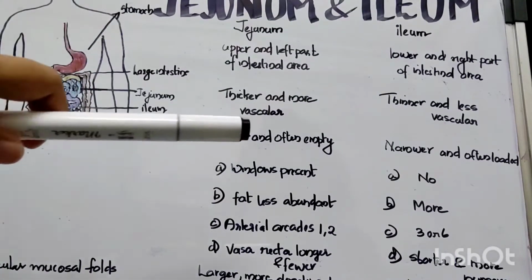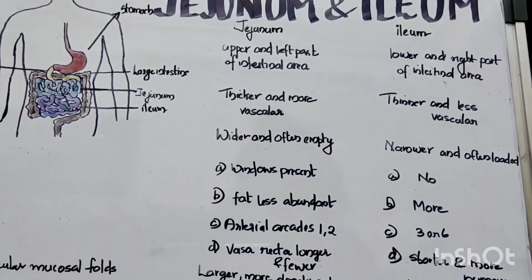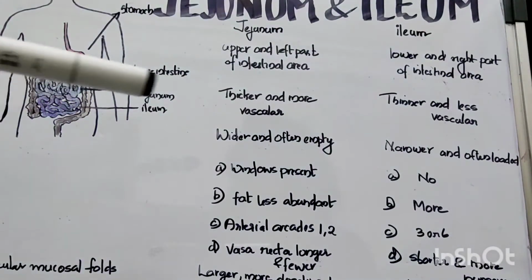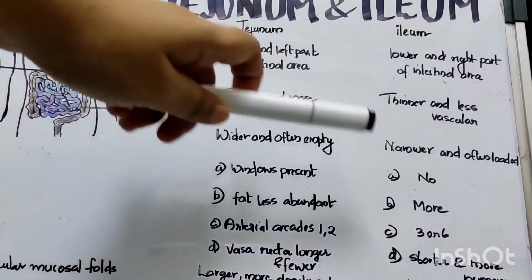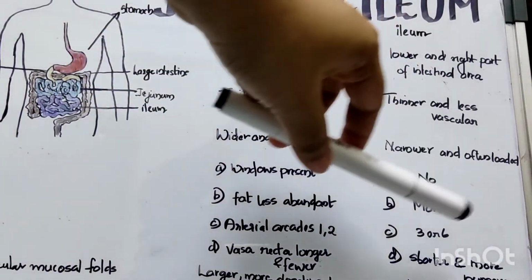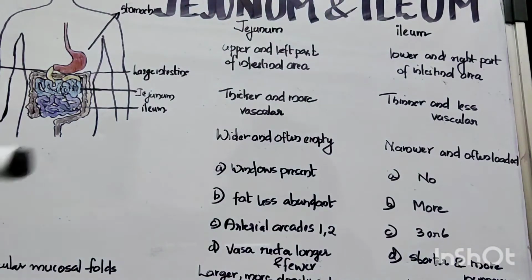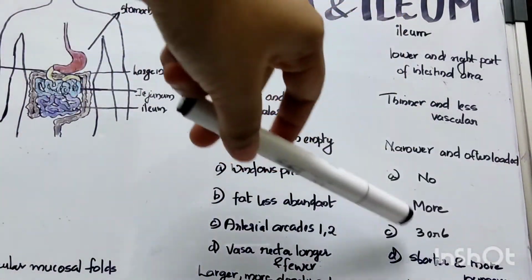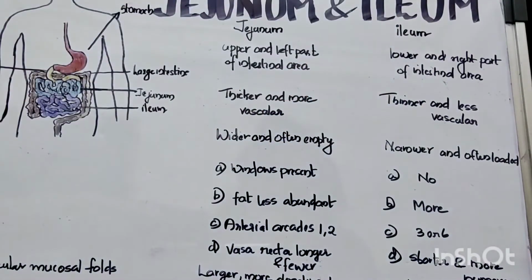When you pass light through it, it appears translucent, which is why it appears like a window. So windows are present in the jejunum but absent in the ileum. Fat is less abundant in the jejunum, while in the ileum there is more fat in the mesentery.